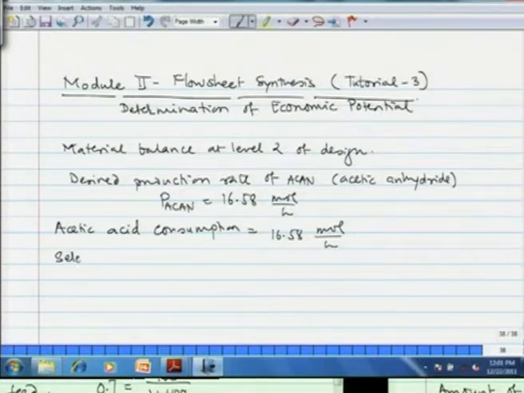Now, the selectivity in the present situation is a function of conversion, 1 minus 4x by 3, and conversion is taken to be 10%. So, by substituting x equal to 0.1, we can get the selectivity S as 0.87.